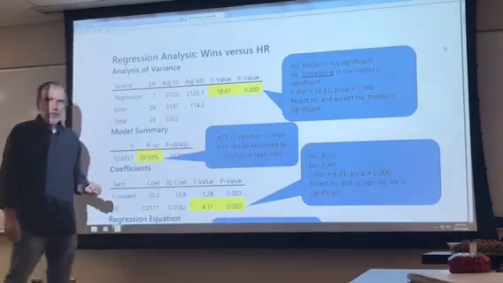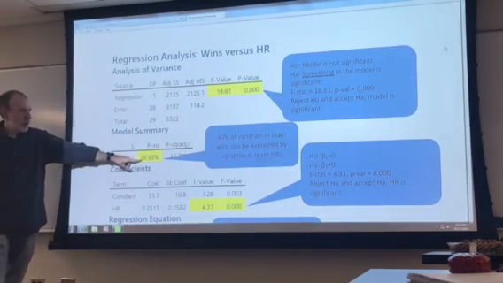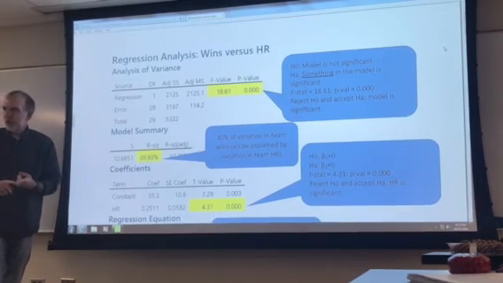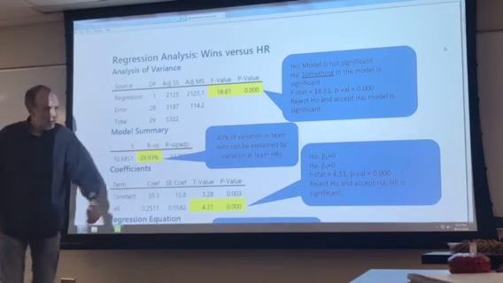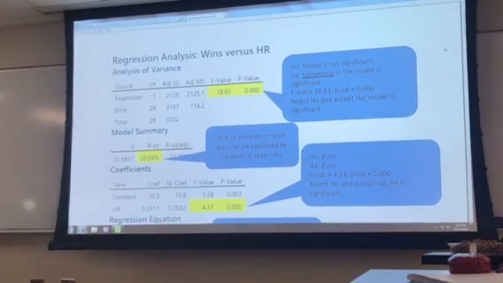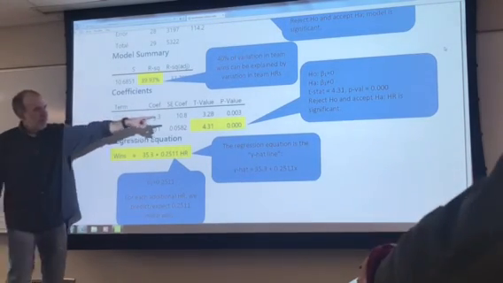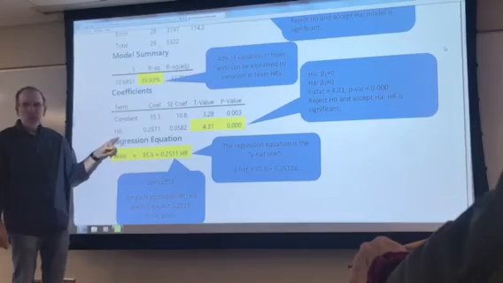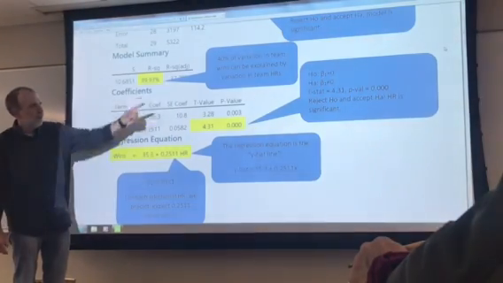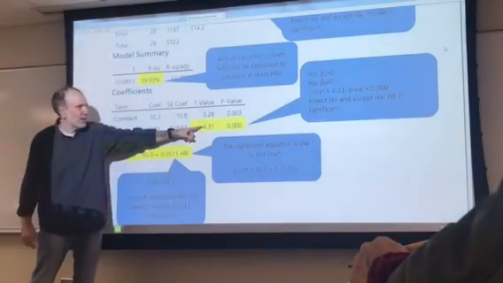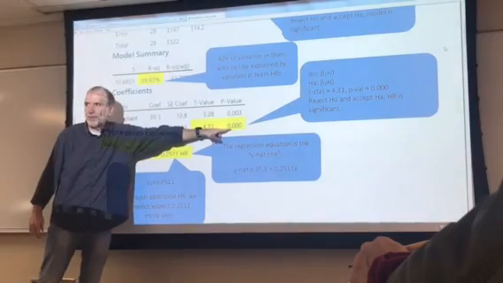But this discussion is important. It's pointing out R squared, and it's telling you what R squared means. Then we go down here, and we do a t-test for home runs. What do we need to know? H0, HA, the t-value, the t-stat, and the p-value.